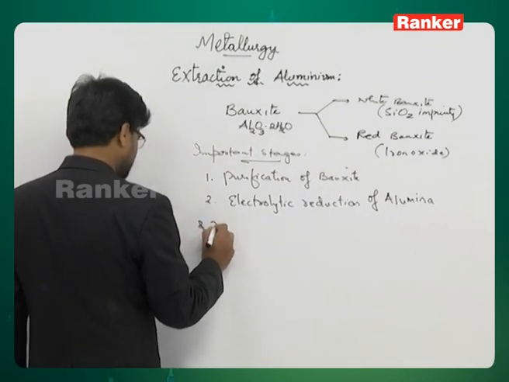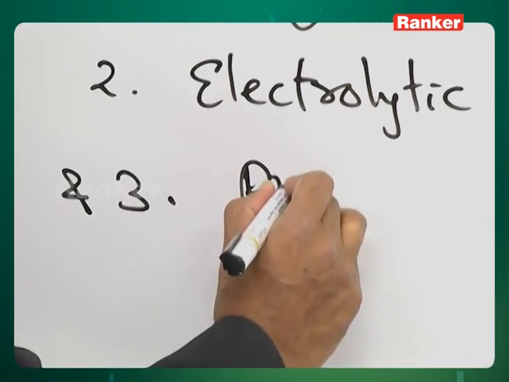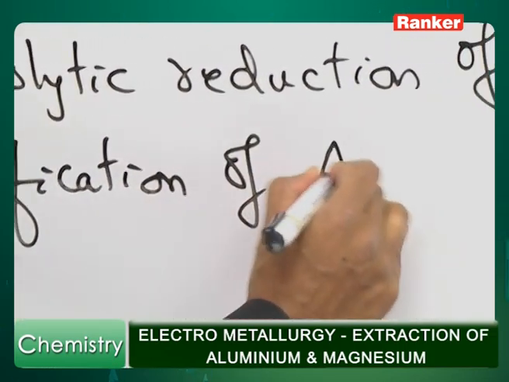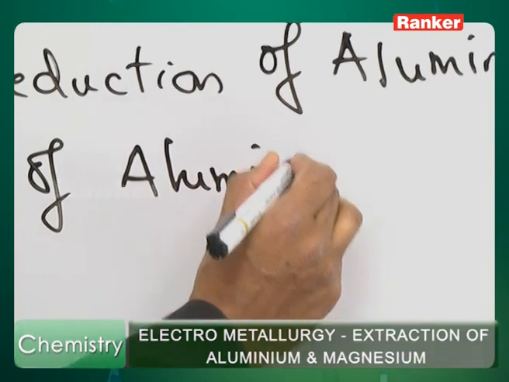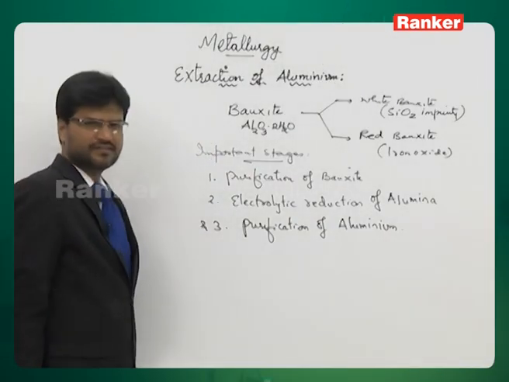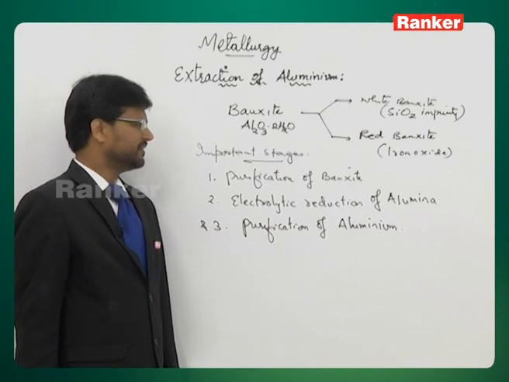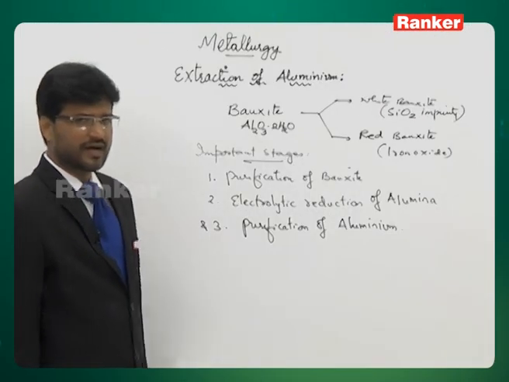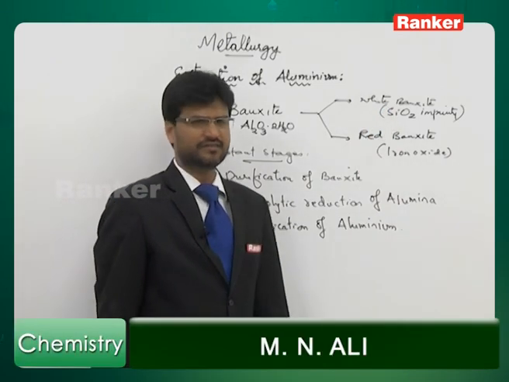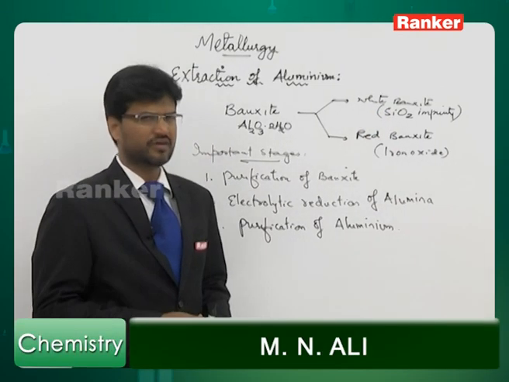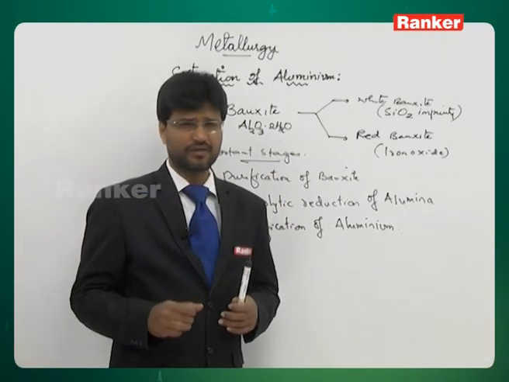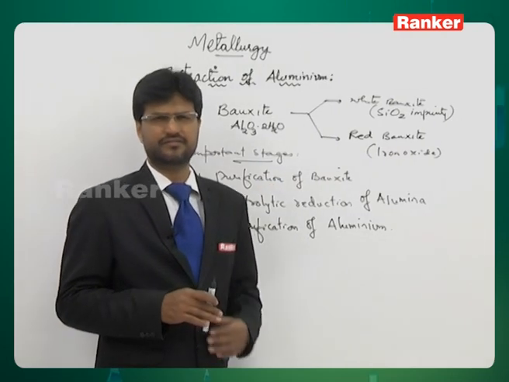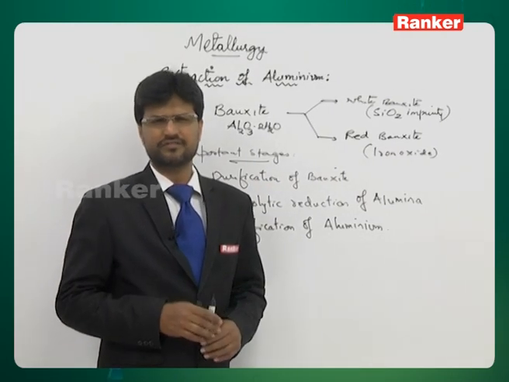And the last and final stage is purification or refining of aluminium. So these are the three stages in the extraction of aluminium. As I told you, bauxite is of two types, white and red bauxite. The method of purification of bauxite depends upon whether the bauxite is red or white. Let's discuss first of all the various methods of purification of bauxite.